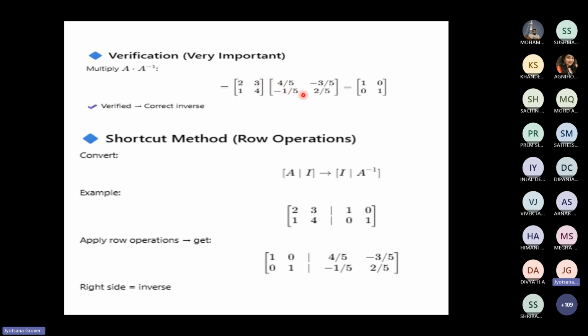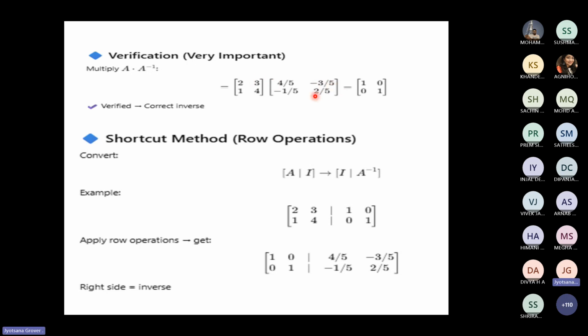So 8 minus 3 is 5, 5 by 5 is 1. Now this is first row, second column. So you take the first row of A and multiply with the second column of B. So 2 into minus 3 by 5 is minus 6 by 5.